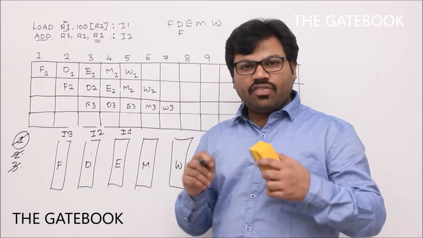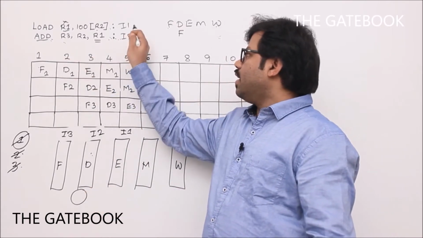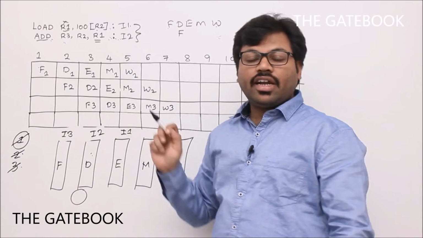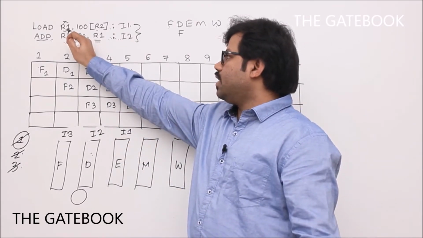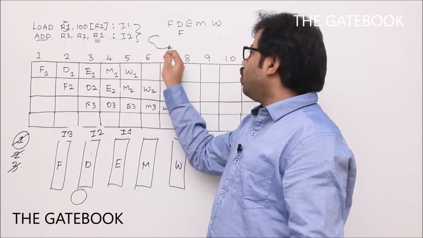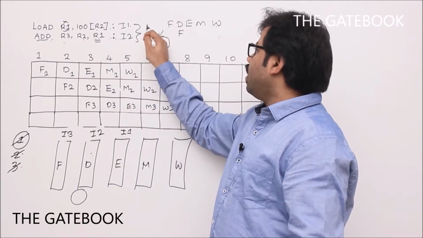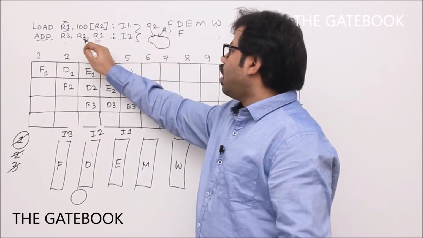After the end of the third clock cycle, assume that we have some extra circuit. That circuit will detect that there is a dependency between these two instructions. Already I told you such a circuit we can design, which will read the destination and the sources. It will take the input R1 and this R2 and this R1.